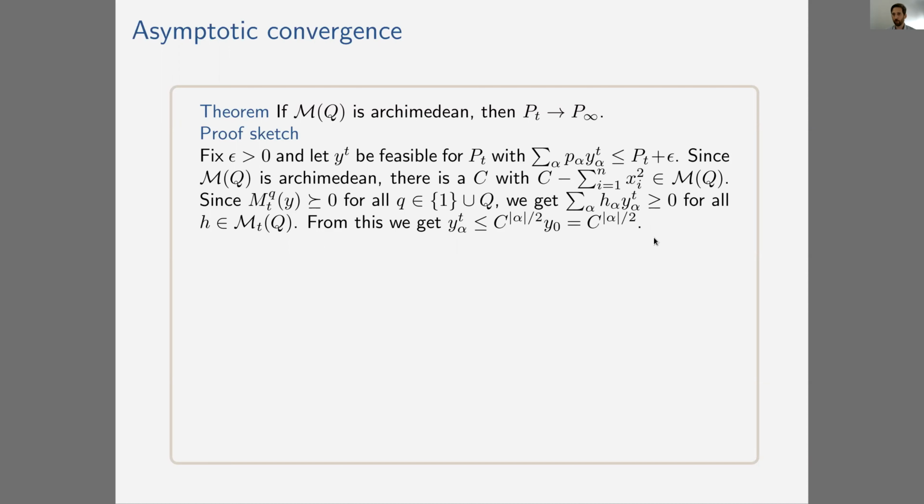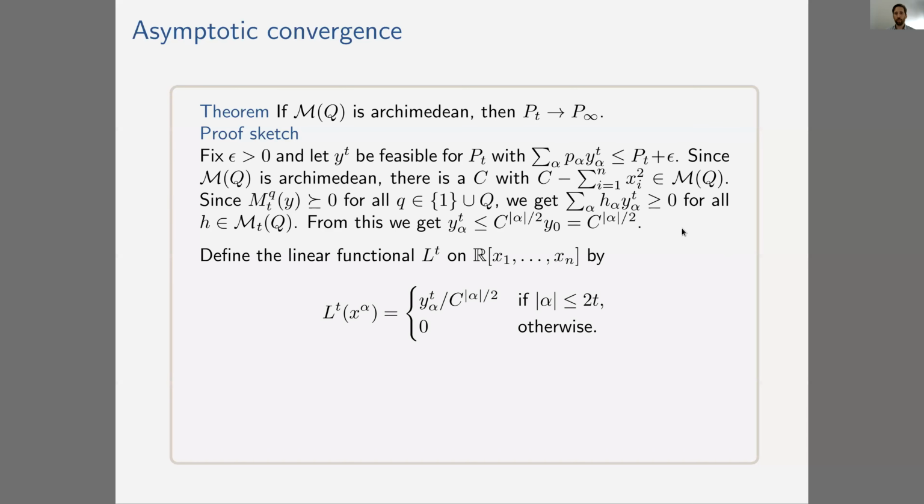First you do it for the squares, and then you use off-diagonal entries of your moment matrix to get it for all alpha. But it's a bit technical and not so interesting. The interesting thing here is that the Archimedean condition gives us a growth condition on these vectors. And of course, the important thing is that this only depends on alpha, and does not depend on t.